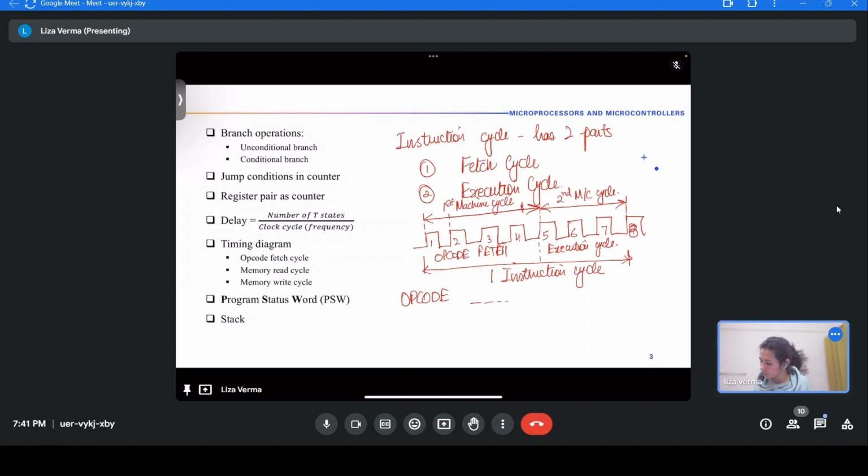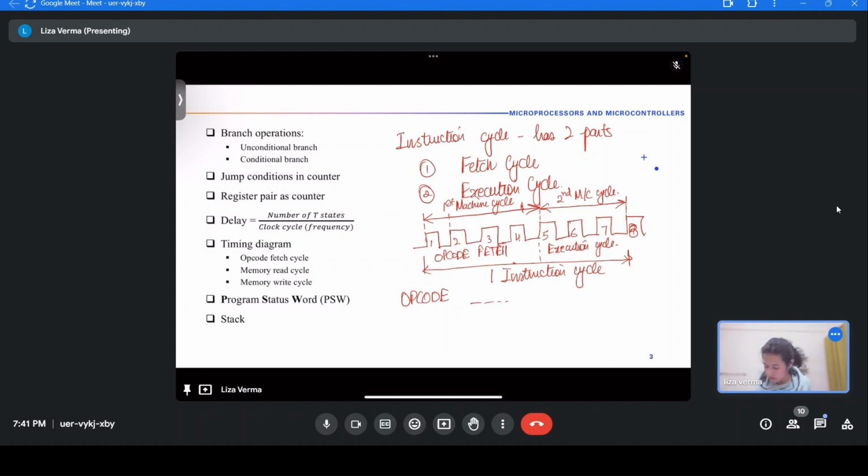Generally, opcode fetch is of 4 T states, but it can be 6 T states also. The examples I'll give later, like the CALL instruction or DCX, INX instructions. These take opcode fetch cycles of 6 T states. But generally it is 4 T states only.